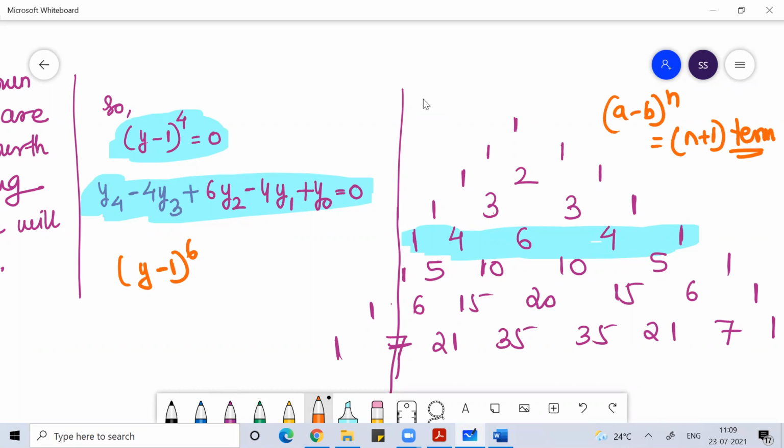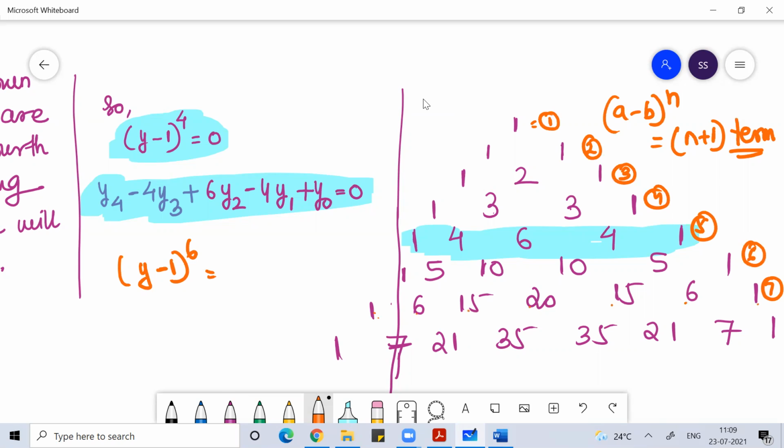So if I ask you (y minus 1) to the power 6, you need 7 terms. This is 1 term, 2 term, 3 term, 4 term, 5 term, 6 term, 7 term. Total 7 terms are there, right?